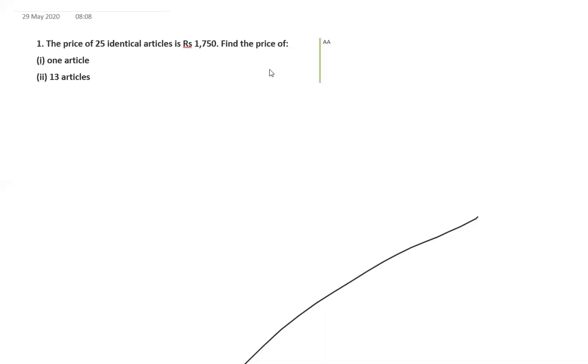Read question number 1 carefully. This question says, okay, first tell me if I am audible or not, because Talha is saying that my voice is not clear. Am I audible to everyone or just for Talha? Tell me.